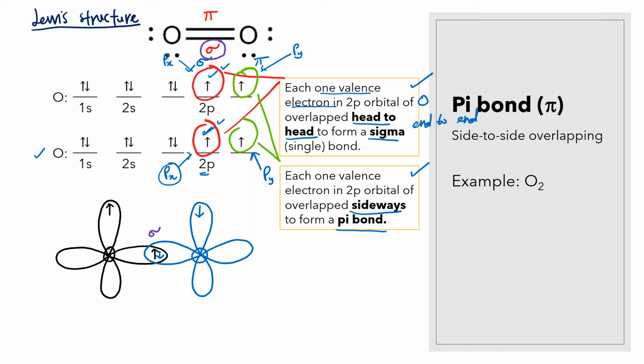Okay, supaya kita nak tunjukkan bahawa in order to form sideways overlapping, okay, so this orbital akan overlap secara side by side dan ini yang akan menghasilkan pi bonding. So kenapa kita tak boleh lukis overlapping side by side seperti ini?